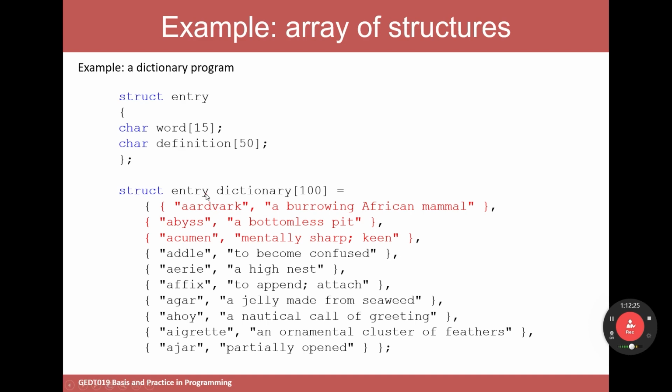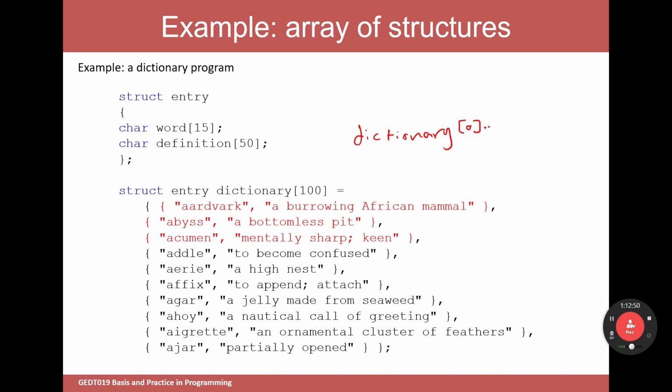As you know, inside an array of structures, if you have elements, you can access them. If you want the first element, for example in the dictionary, element number 0, that is one entry, and that entry has two things.